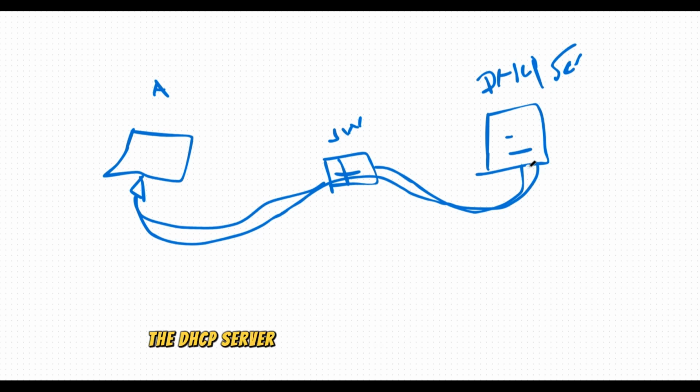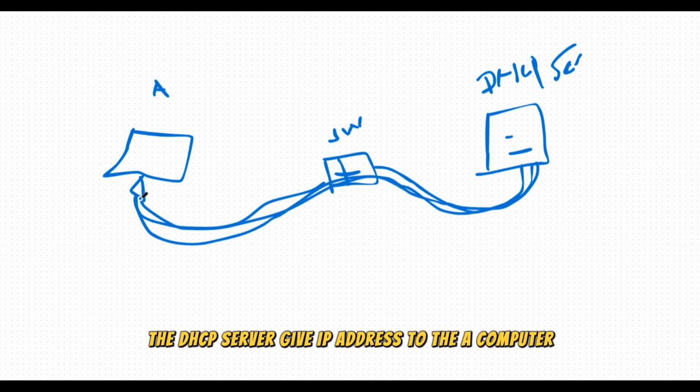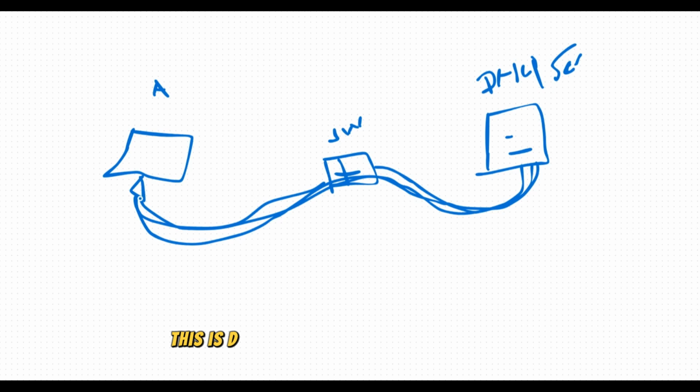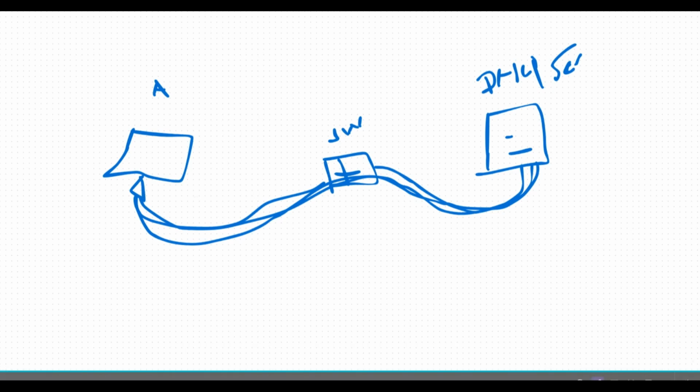The DHCP server gives an IP address to computer A. This is the DHCP working mechanism and method. Okay.